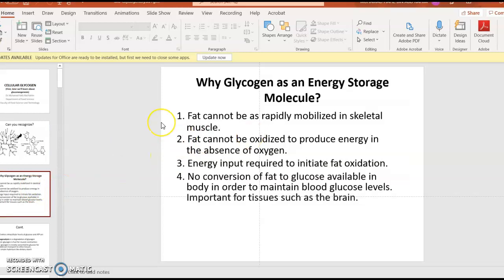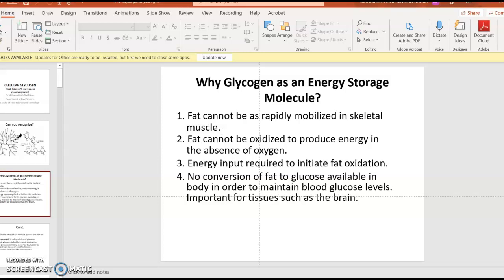So before we start glycogenolysis and also glycogen synthesis, we will see why glycogen can be used as an energy storage molecule. Of course, fat is a better energy storage compared to glycogen. The first reason is that fat can contain unlimited energy, but glycogen only has limited energy. After the body finishes forming the glycogen, it will stop and start converting all the glucose to fat.